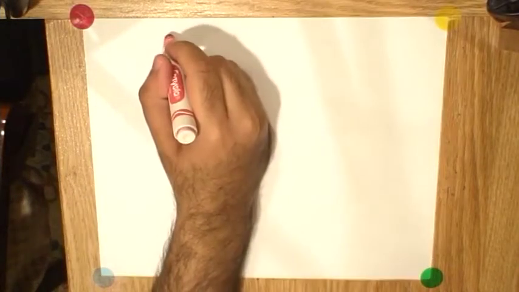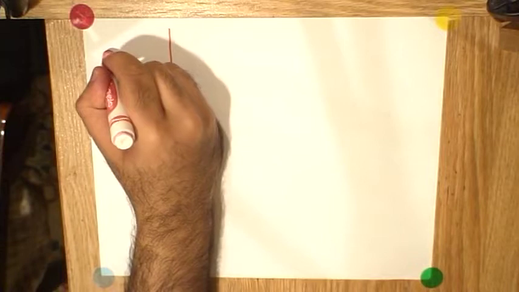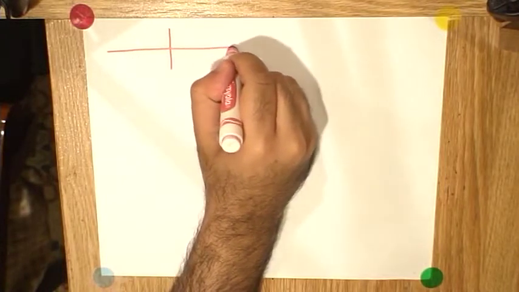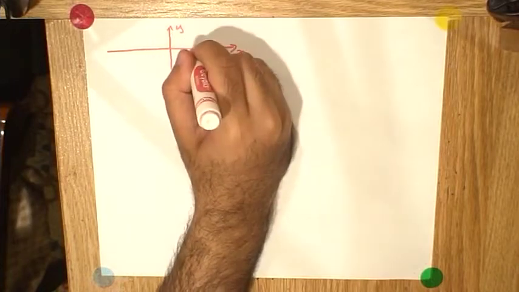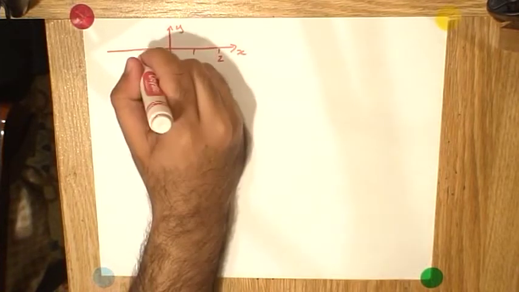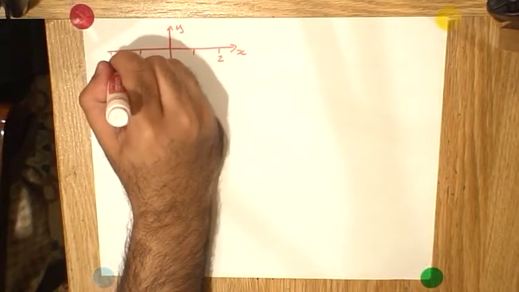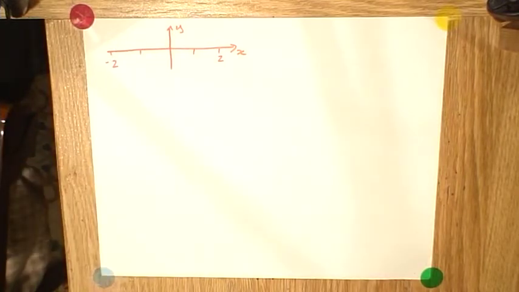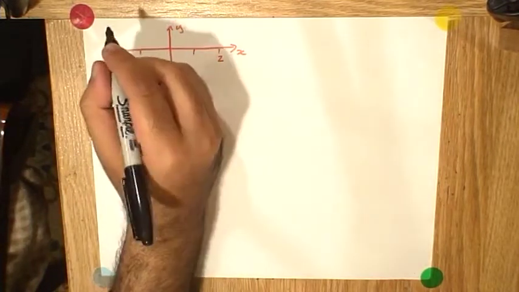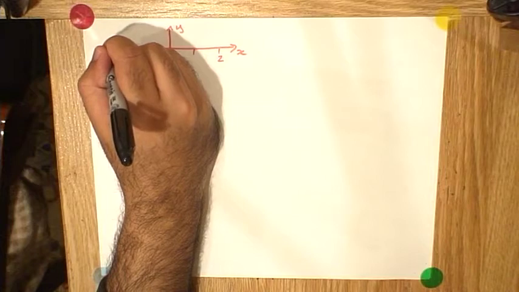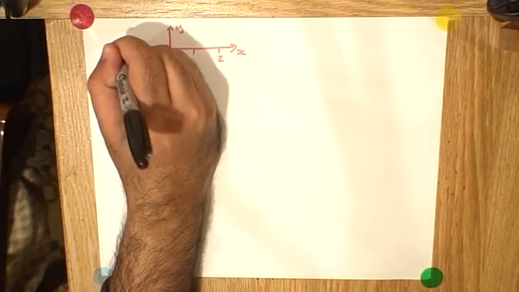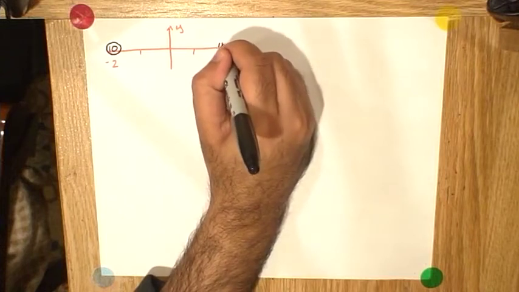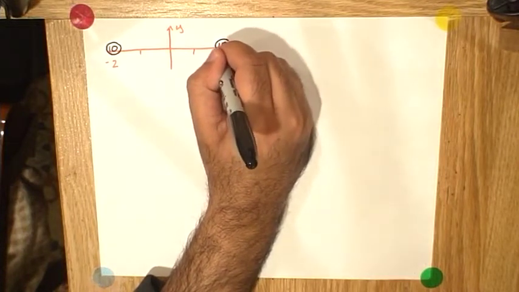I'm going to start this question by drawing the axes. There's x, there's y. There's 2 units, and there's negative 2 units. Now, we have two asteroids, one of them being 10 kilograms located at -2, and one of them being 10 kilograms located at +2.